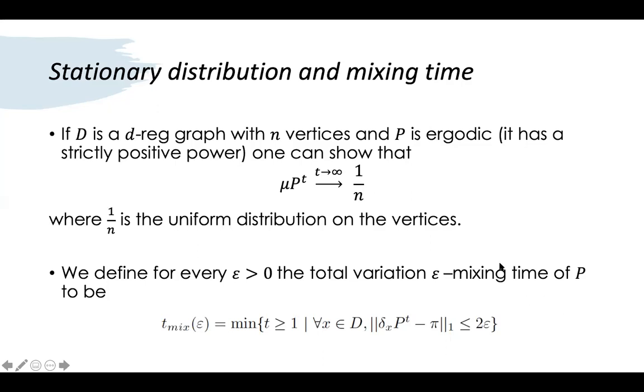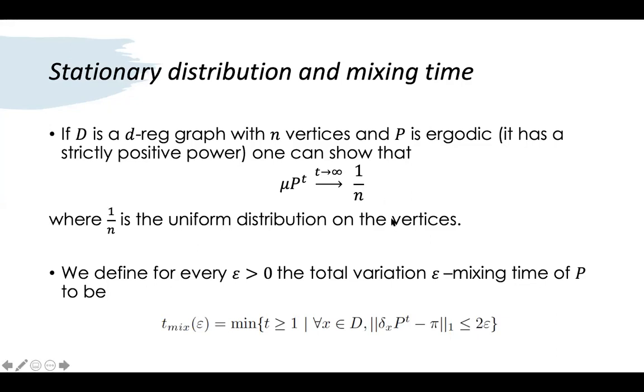So this is the mixing time of the adjacency operator, the random walk operator on the directed graph. And you can think of it as something that starts very large, very close to 1, and you know that at infinity it tends to 0.